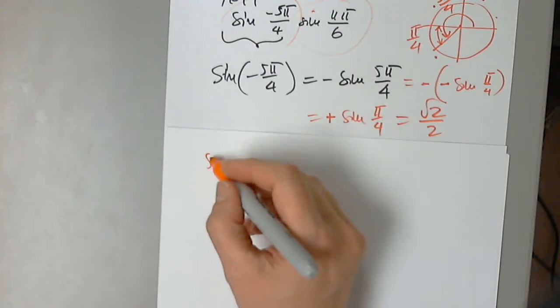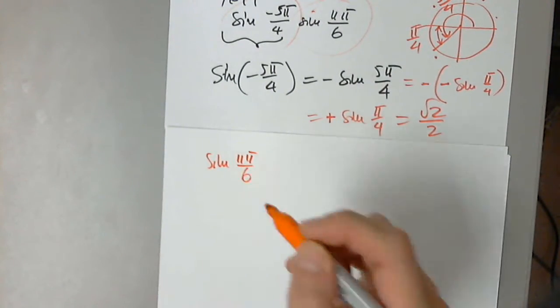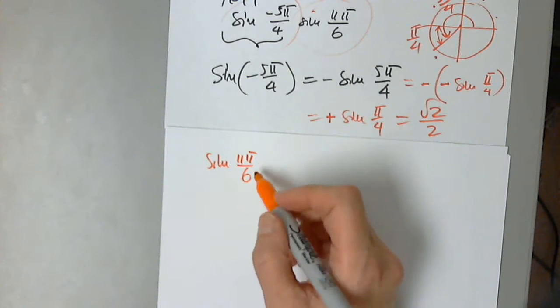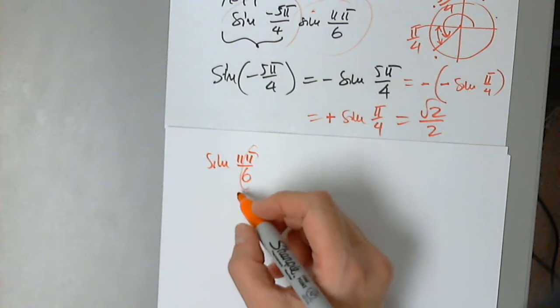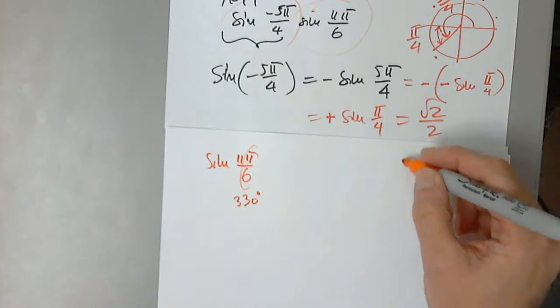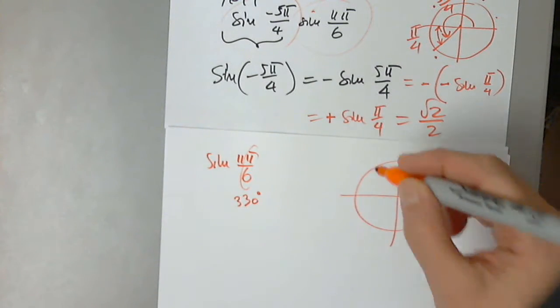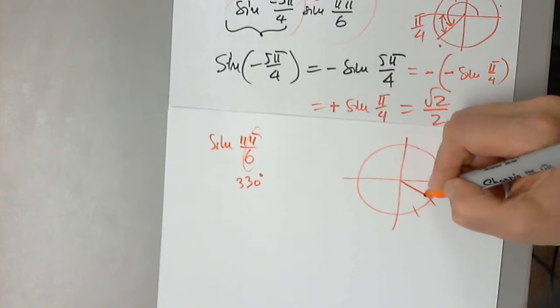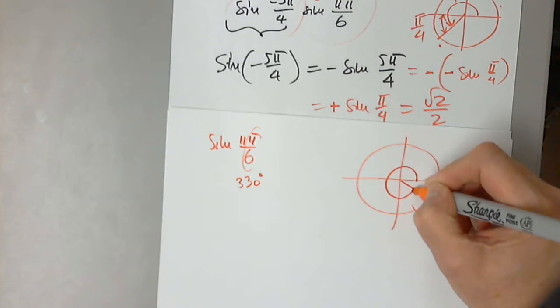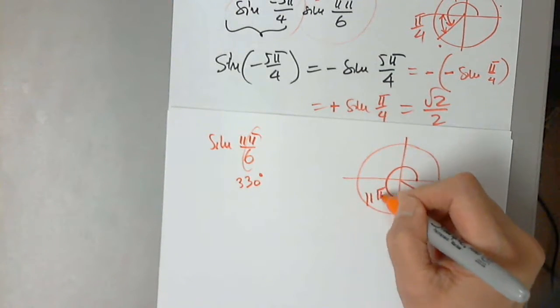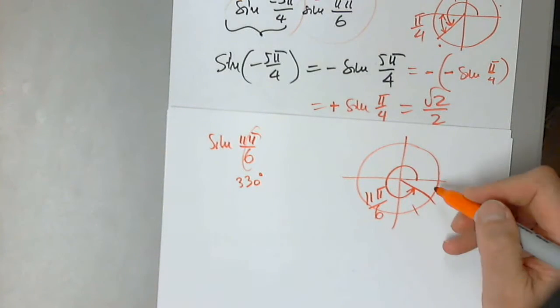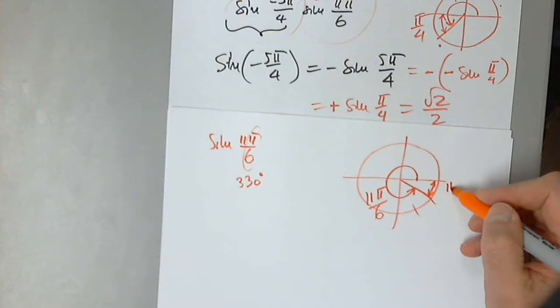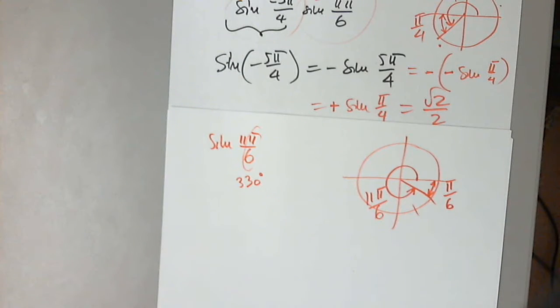So sine 11 pi over 6. This is again that 30 degrees times 11. So this is 330 degrees. I know it ends 30 degrees shy of 360. Here it is. So this is 11 pi over 6. I know that the reference angle is pi over 6.